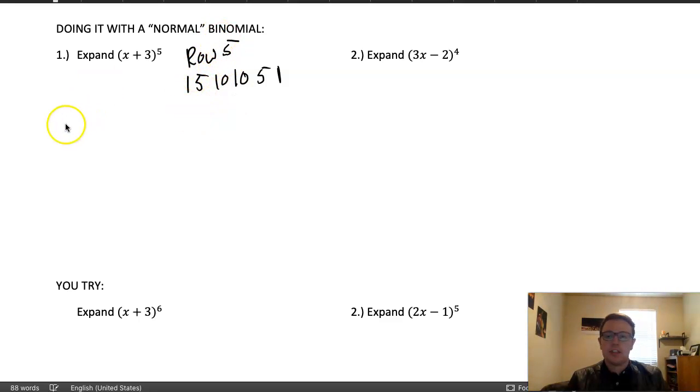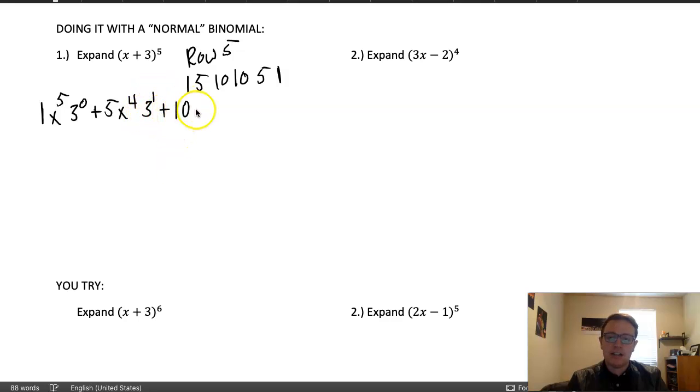Now we're going to put this all together. We start with our coefficient of 1. x is going to be A, so we're going to start with 5 powers of x, and then B is going to be 3, so we start with 0 powers of 3, and then we're going to work our way down in x and up in powers of 3. Our next coefficient is 5. We'll get x to the 4th, and 3 will be raised to the 1st power.